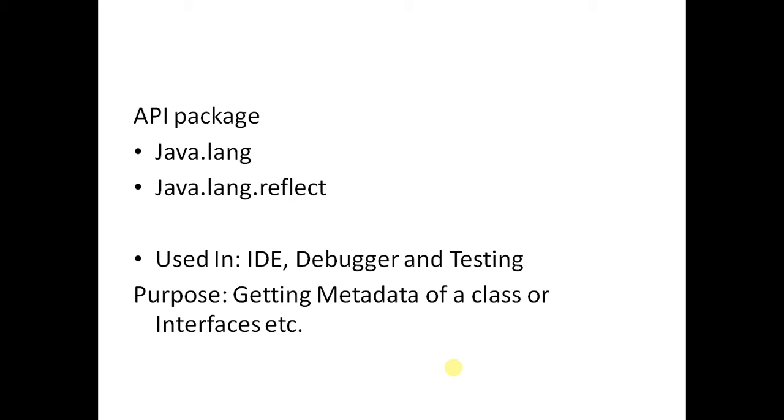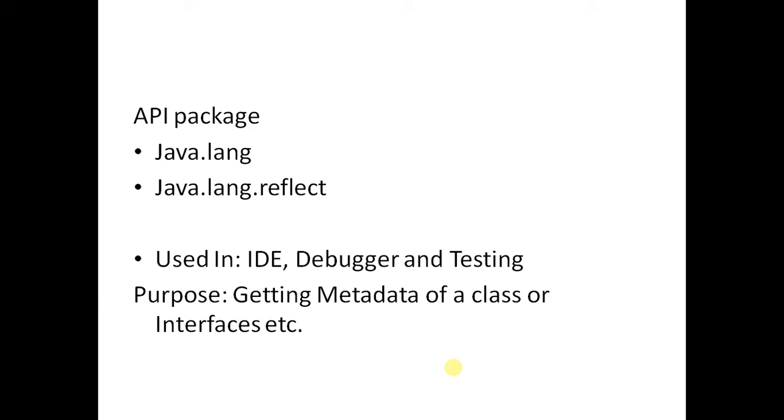The reflection API is mainly used in integrated development environments such as Eclipse, MyEclipse, NetBeans, etc. for development purpose. It is also used for debugging and testing purpose. So overall, the main purpose of Reflection API is to get the metadata of a class or interface at runtime.